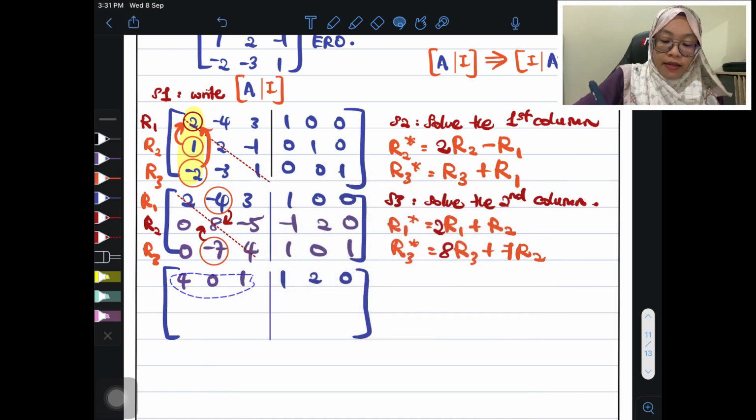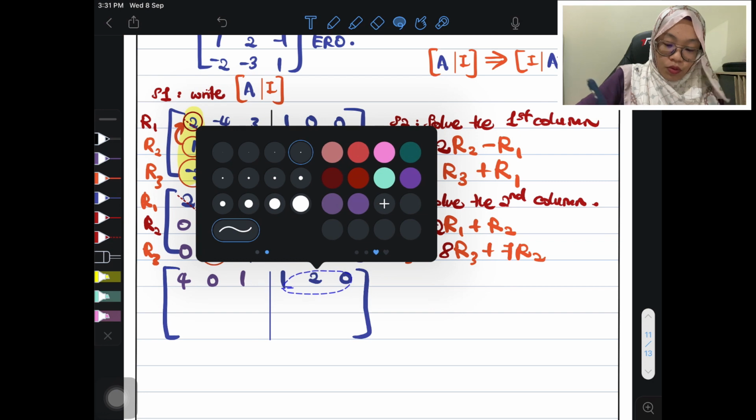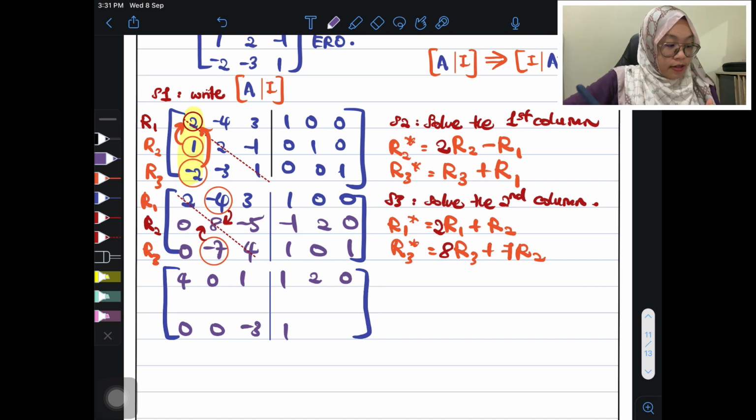I want to show the meaning of purple color ni adalah new row. Okay, so I'm using the purple color to describe to you that the new third row adalah 0, 0. And here will be negative 3. Here will be 1, 14 and 8.